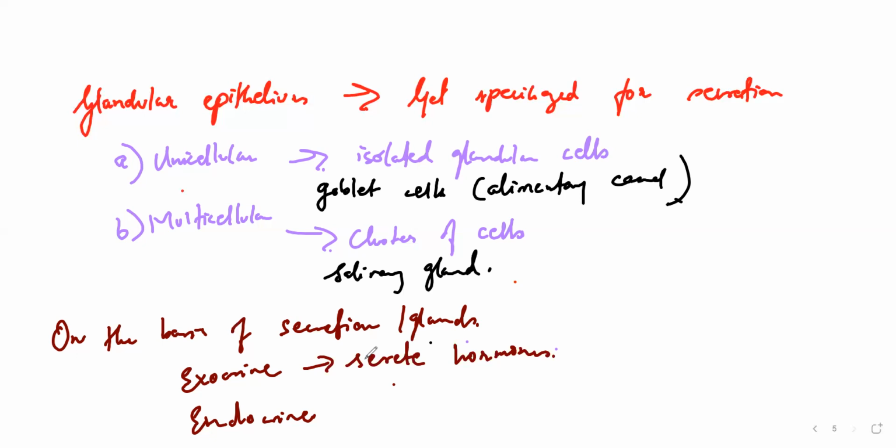I just wrote it wrong. Exocrine glands secrete things like mucus, saliva, or wax, that is the ear wax. All these things. Whereas endocrine glands secrete hormones.